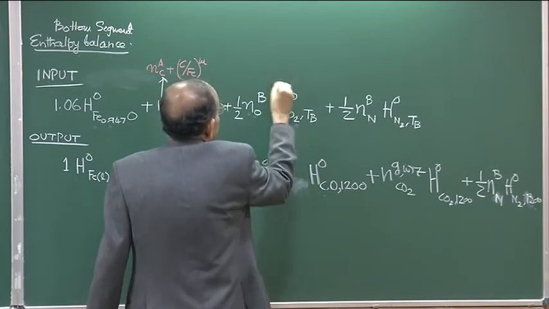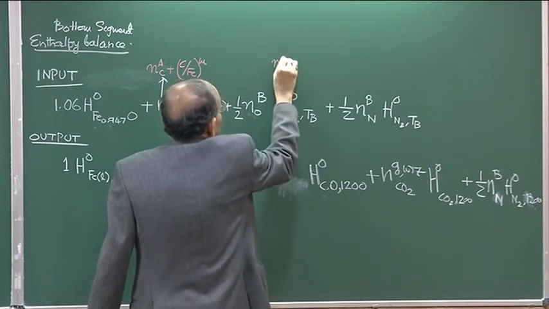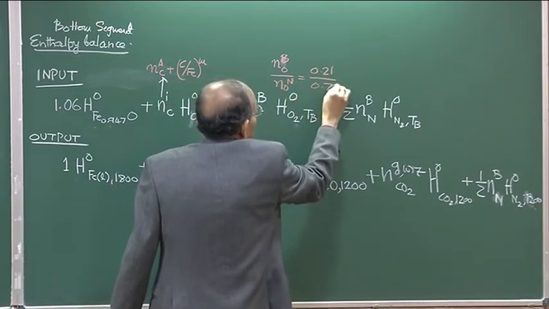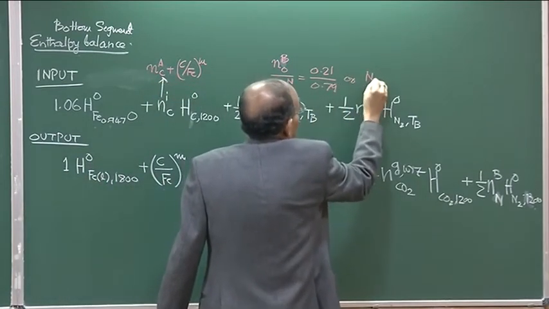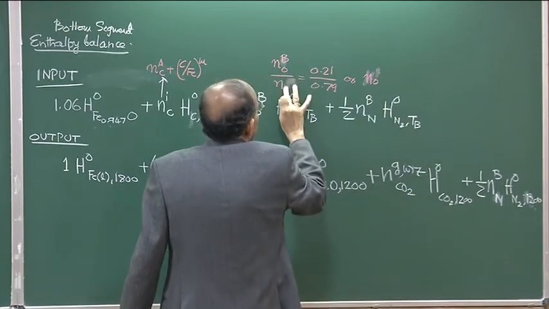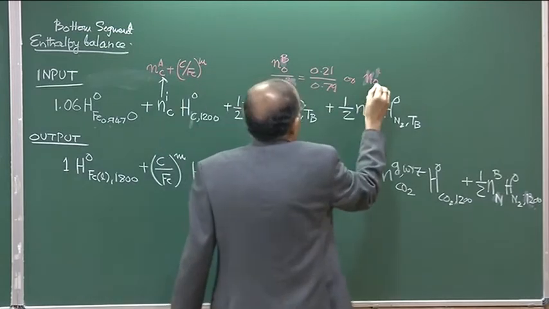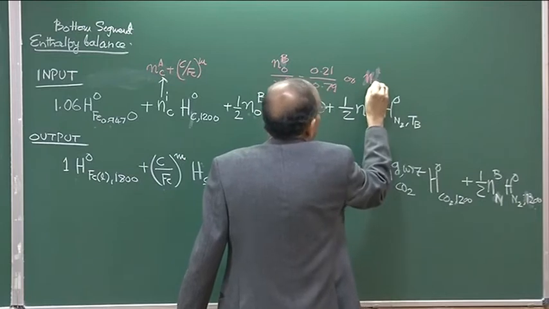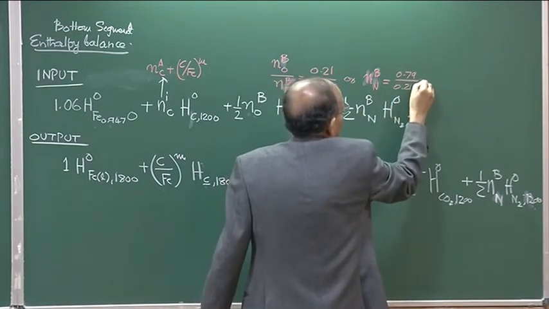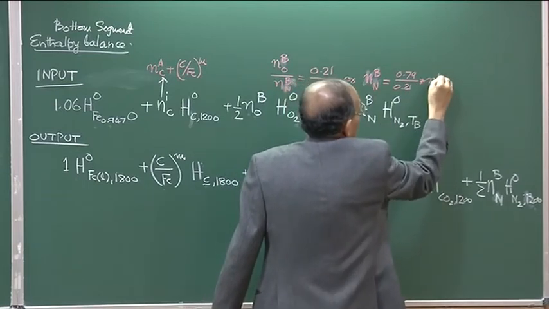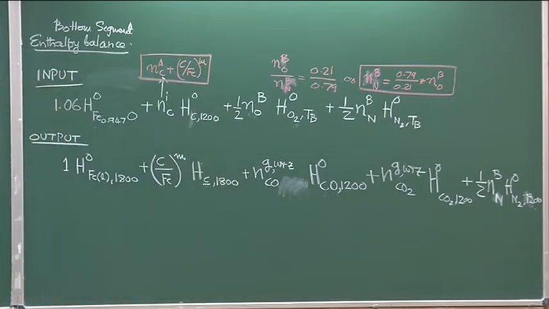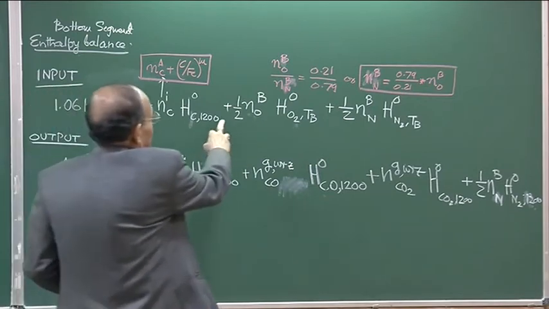So, the simplification that could be allowed is NBN by NBO is equal to 0.79 by 0.21, or I can say that the number of moles of nitrogen in the blast, NBN, is equal to 0.79 by 0.21 into oxygen in the blast.